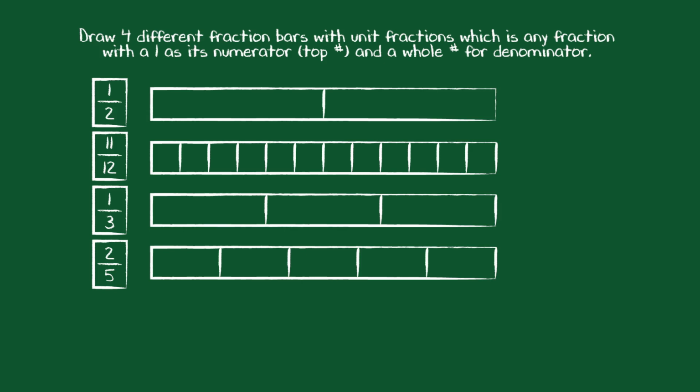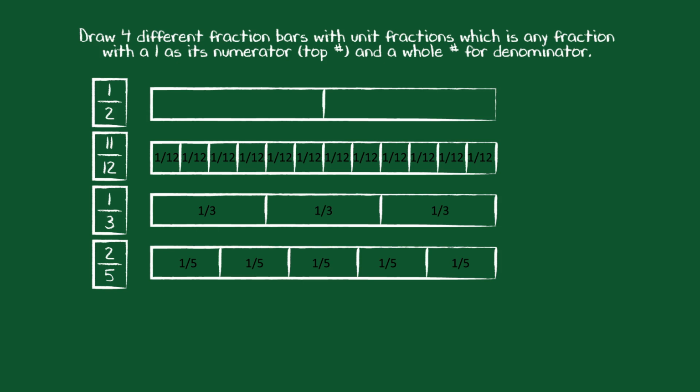Now we quickly label the problem. Fraction bar number 1 is 1/2. Fraction bar number 2 is 11/12. Fraction bar number 3 is 1/3. And fraction bar number 4 is 2/5. Now we simply shade the numerator, the top number.